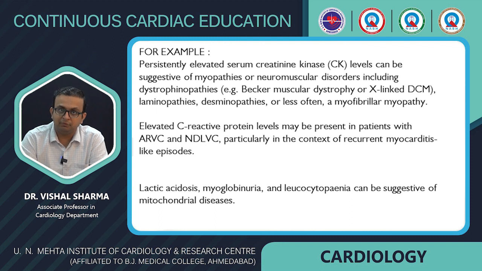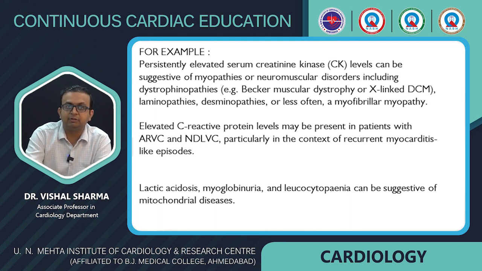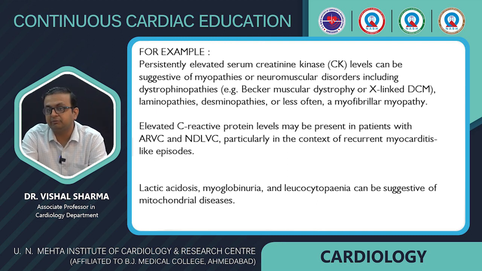This is also a finding seen in non-dilated left ventricular cardiomyopathy. Also, if on simple investigations you find persistently elevated serum lactate, you find leukocytopenia, or you find myoglobin in urine, then you are dealing with some sort of mitochondrial disorder, and this might be a genetic cardiomyopathy involving mitochondria.